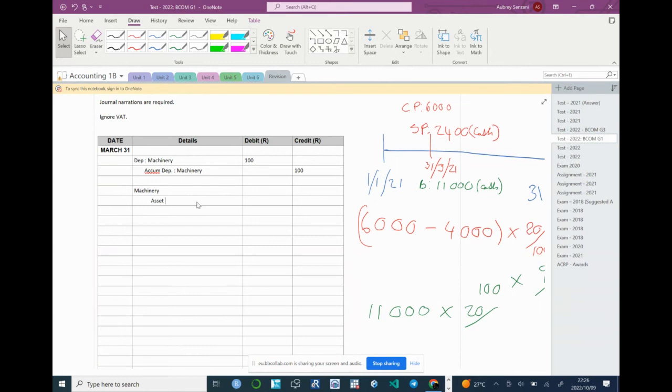And then there's another account. The only question is, are we debiting or are we crediting asset disposal? It's always going to be asset disposal and another account. The cost of this, they told us, was 6,000. Well, this was very straightforward. Sorry, we're supposed to be crediting machinery, not debiting. My bad.